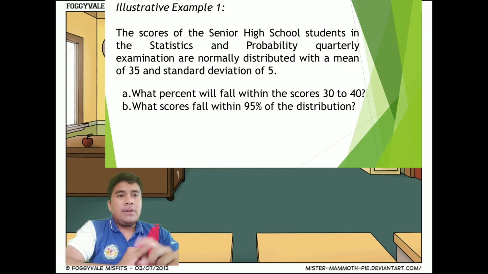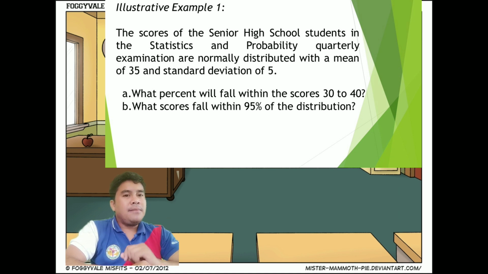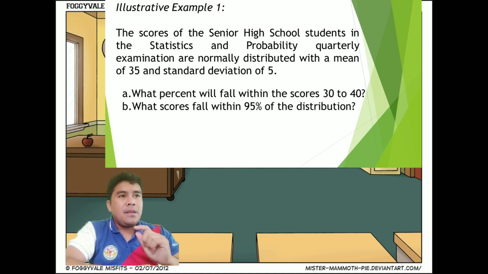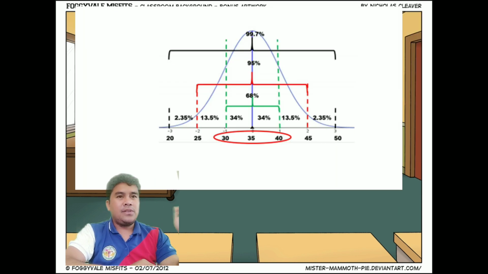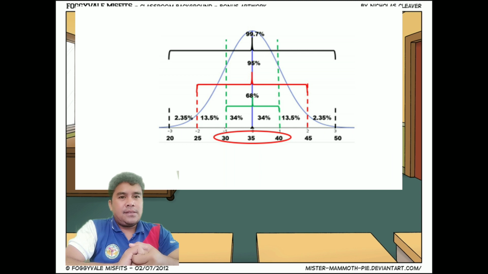First, you need to illustrate a standard normal curve. Then, plot the mean at the center. Add 3 times the given standard deviation to the right of the mean and subtract 3 times to the left. So our mean is 35.